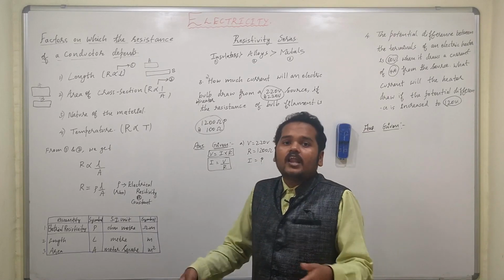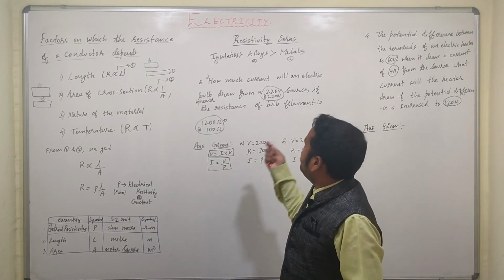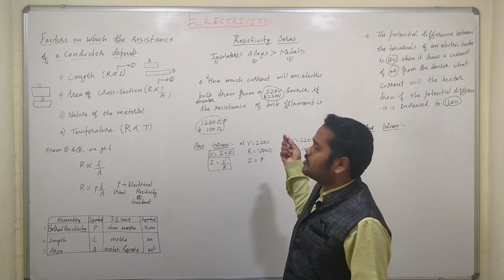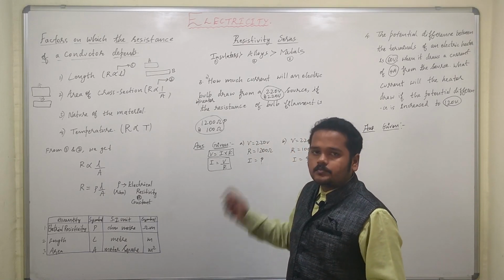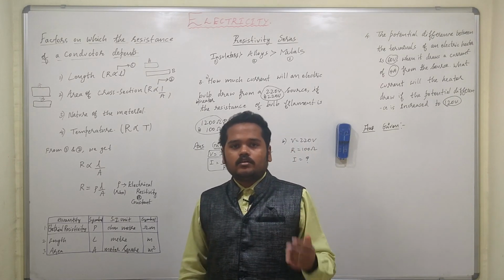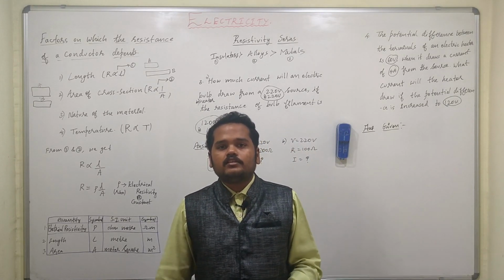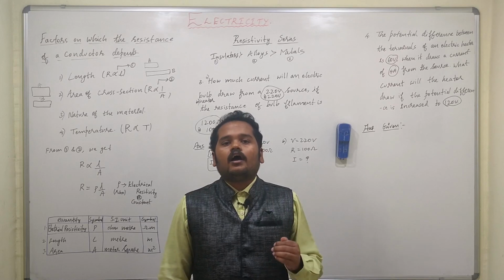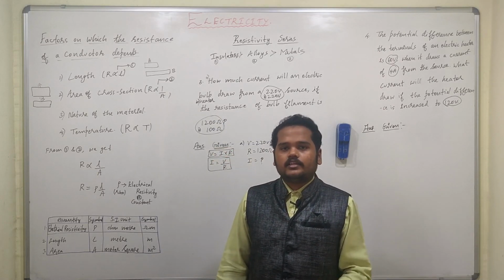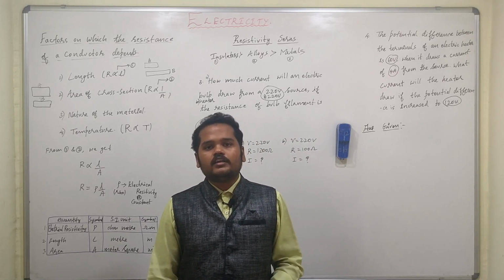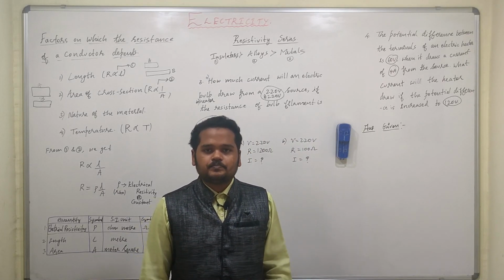So alloys have a little higher resistivity when compared to a single metal. Metals: silver, copper. This is the resistivity series. The conductors are arranged in such a way that the highest electrical resistivity comes first and then descends to lower, which is called the resistivity series.